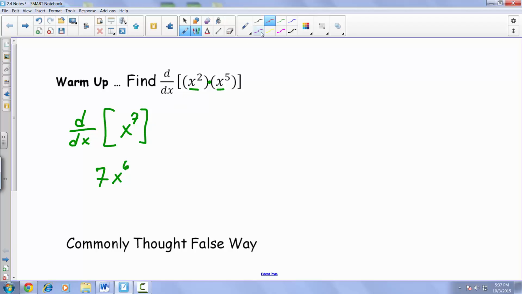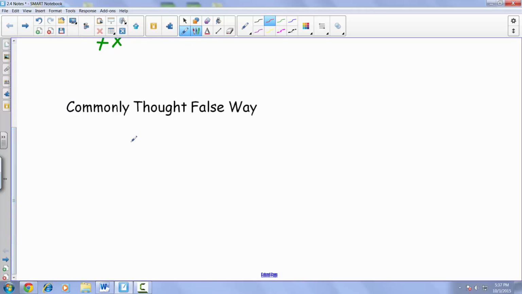Now, if you were given this original function, so x squared times x to the 5th, and you're trying to take the derivative of that with respect to x, it is a crazy common thought that you can take the derivative of this guy.